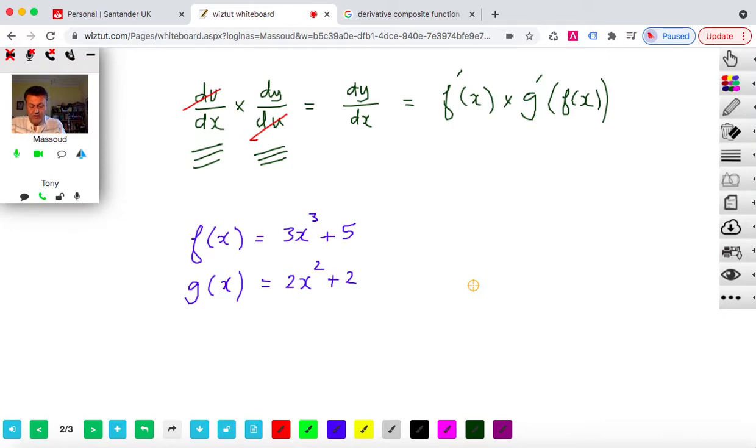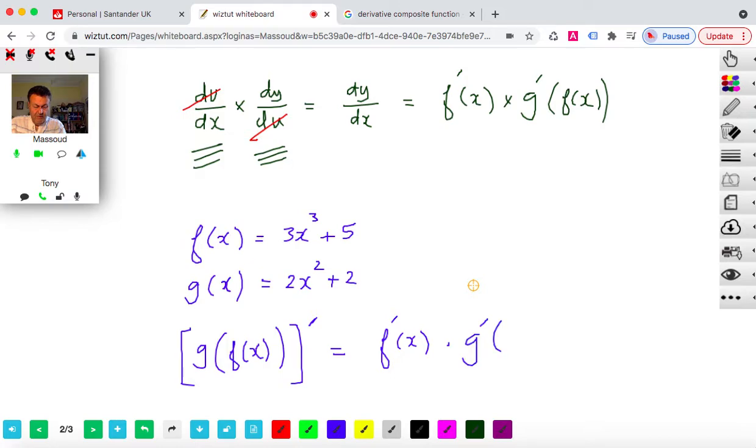But if we are differentiating g of fx, so let's say just put this inside a square bracket, and then put a dash there to tell us that we are going to differentiate it. So if I differentiate that, I expect to get the differential of f multiplied by the differential of g with fx in it. So let's suppose we actually want to work this out.